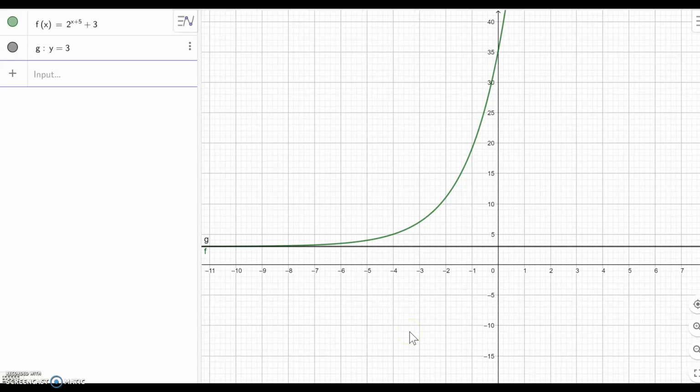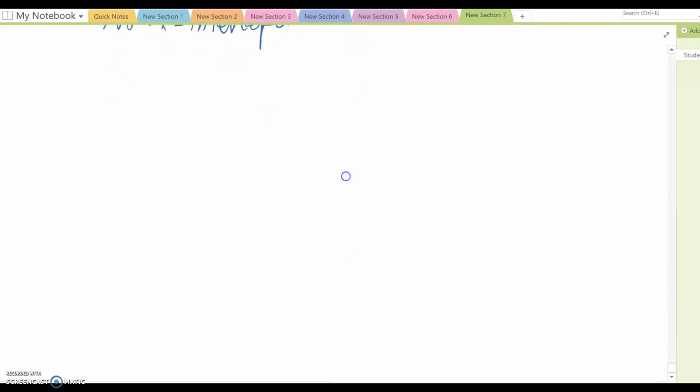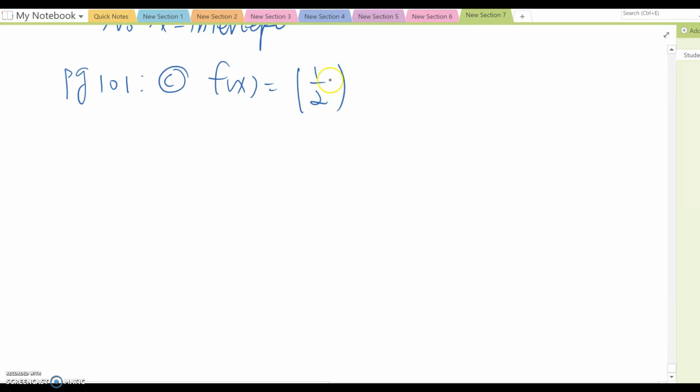Okay, so let's look at another graph here, maybe page 101. See this graph here, f(x) = (1/2)^(x+4) - 3.